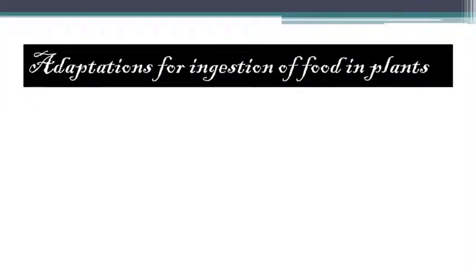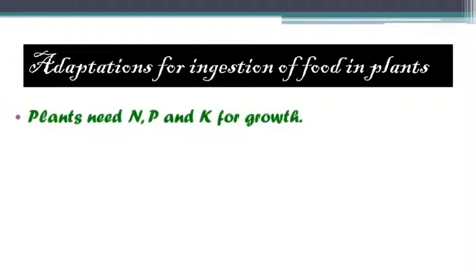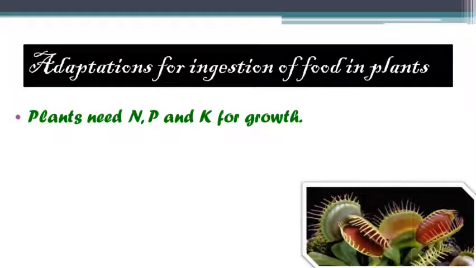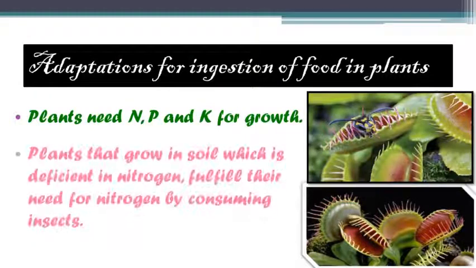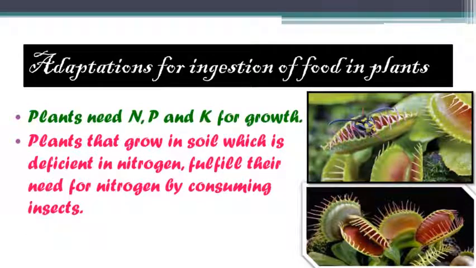Now plants need nitrogen, phosphorus and potassium for growth. Plants that grow in soil which is deficient in nitrogen, like Drosera, sundew, Venus flytrap, pitcher plant, etc. Here you can observe the picture of the Venus flytrap plant on the slide.